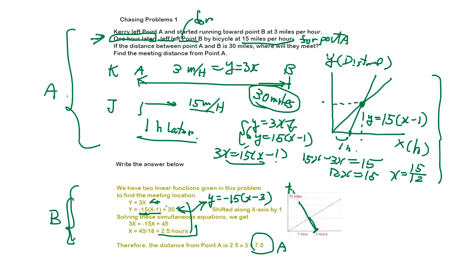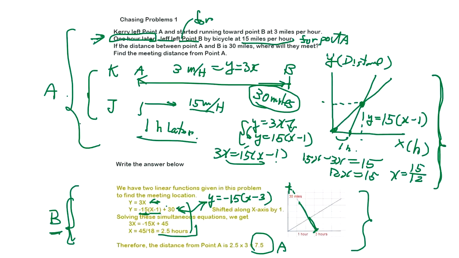Because of the ambiguity of the question, if Jeff left point A toward B in the initial assumption, then this is the answer. If Jeff left point B toward A, then this is the answer.